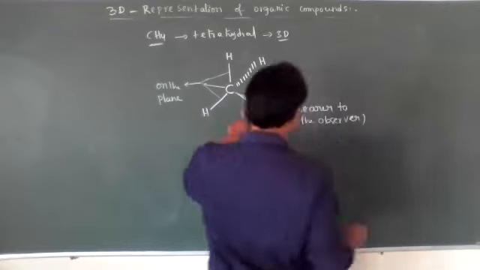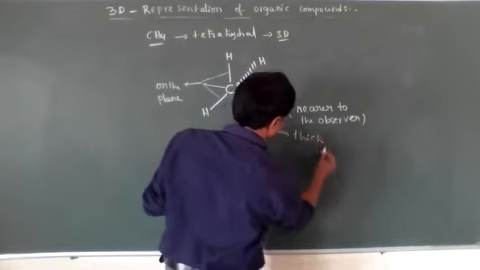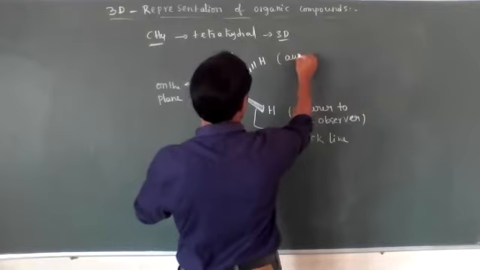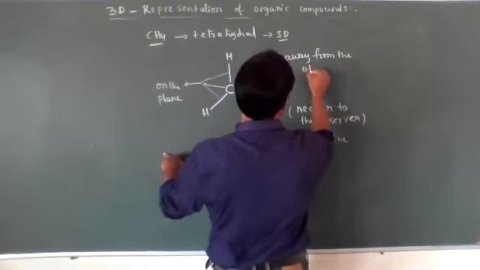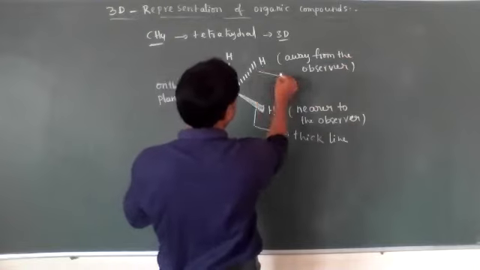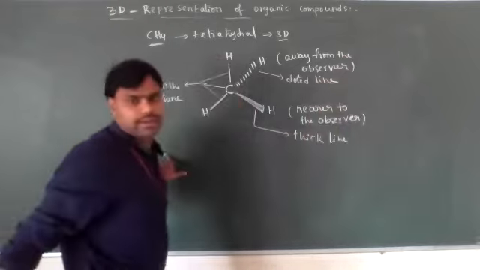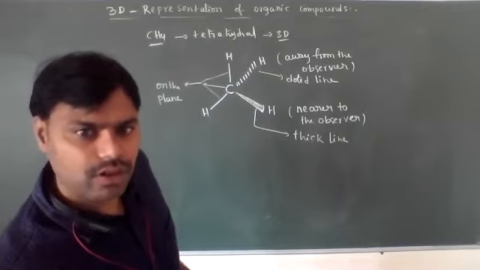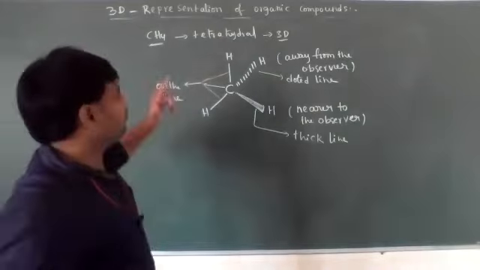Nearer to the observer is represented by a thick line. This is away from the observer. Away from the observer is represented by a dotted line. This type of representation is called three-dimensional representation.